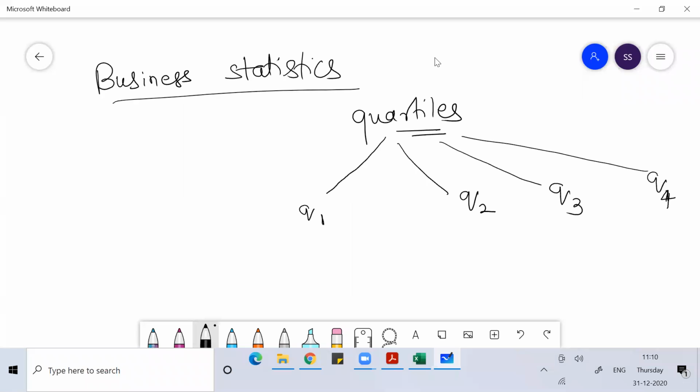The two quartiles you need to study here are the lower quartile and the upper quartile. Okay, you need to focus on these two quartiles only. The other name of Q1 is lower quartile, and the other name of Q3 is upper quartile. So you need to focus on these two parameters. So what is Q2 and Q4?